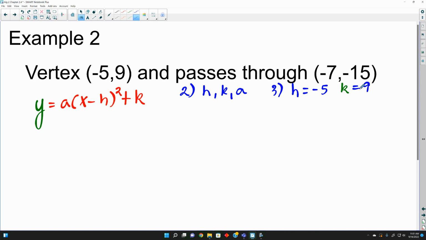So, questions on what variables we're finding or what h and k are? At this point, if y'all wanted to, especially on the homework, we could write the equation we're starting with and plug in x, h, and k.